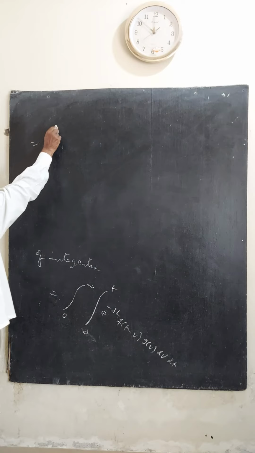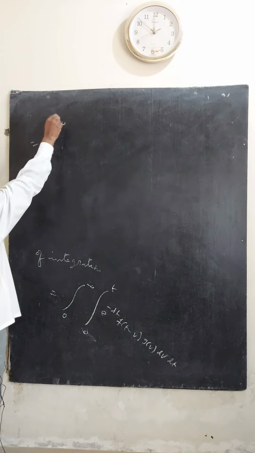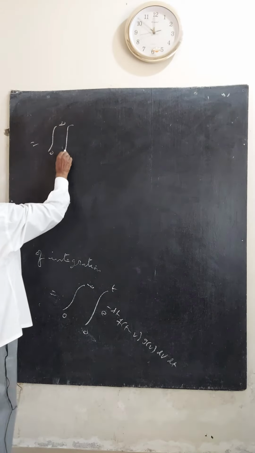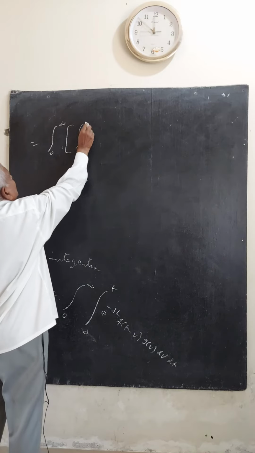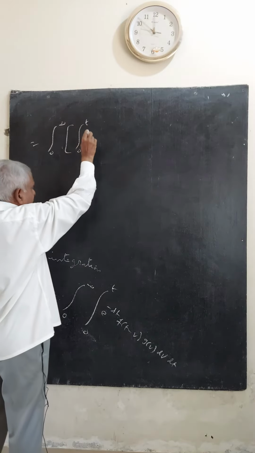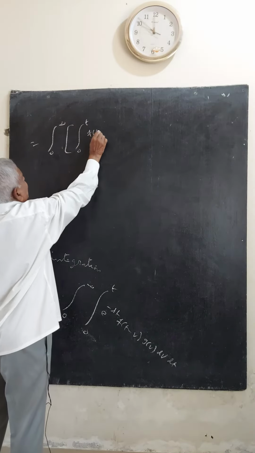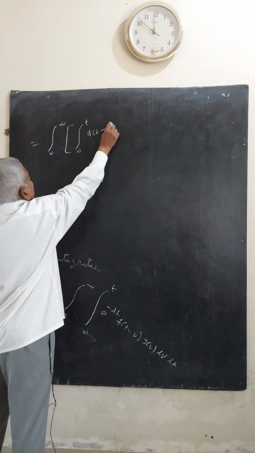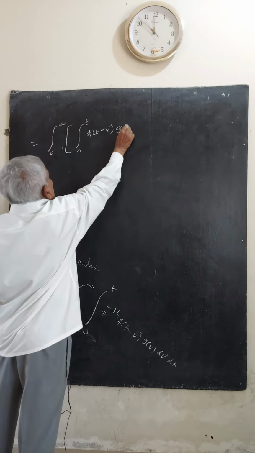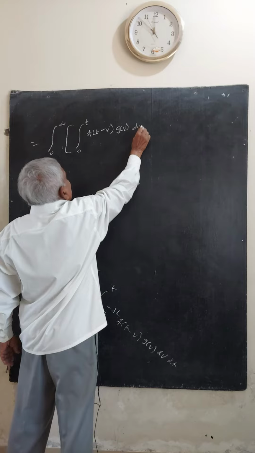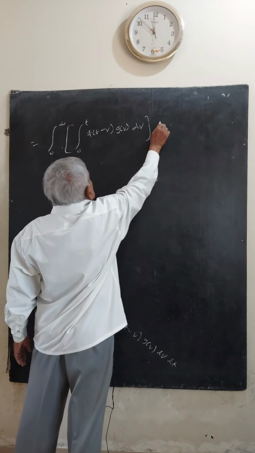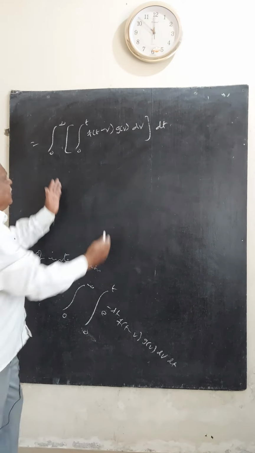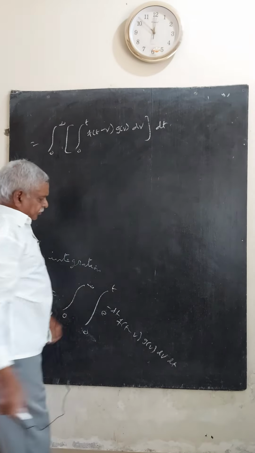Again, 0 to infinity in bracket, 0 to t, f of t minus v, g of v, dv, dt. We have taken v separately.